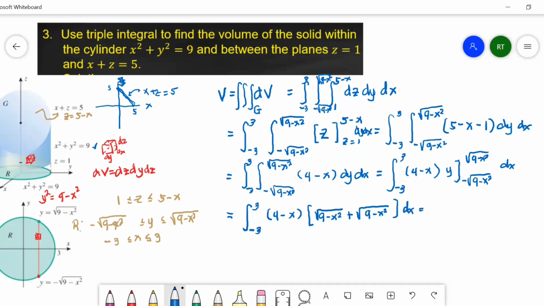And square root of 9 minus x squared plus square root of 9 minus x squared gives us 2.